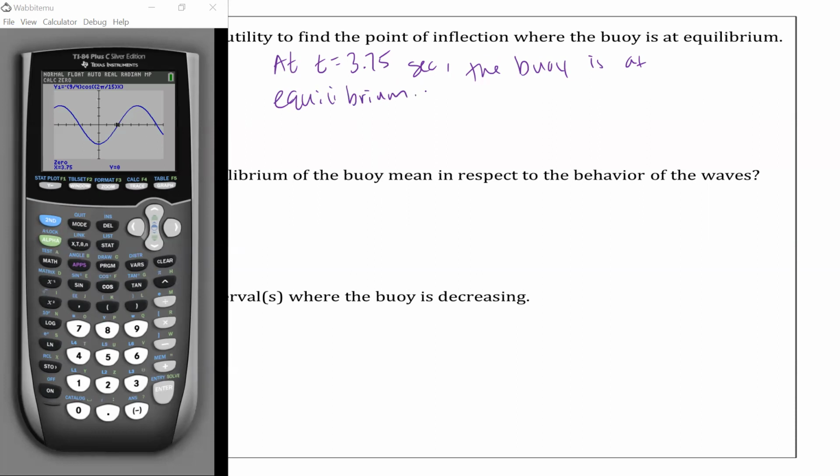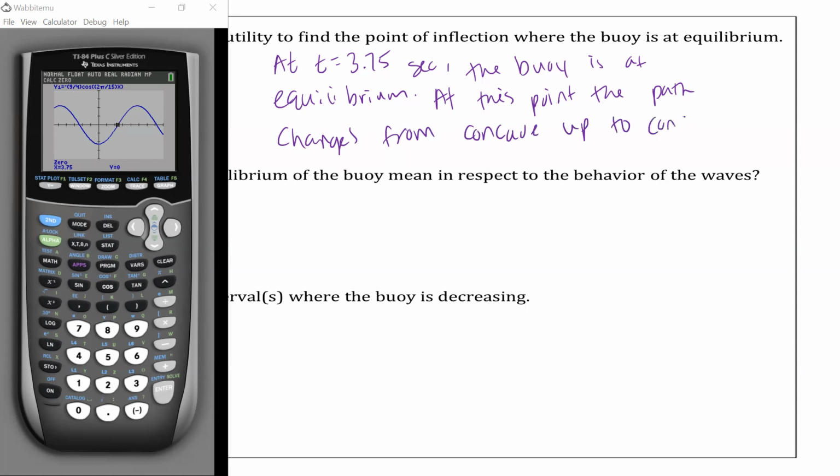And what else had to take place? At this point, the path changes from concave up to concave down, which means that this is a POI.